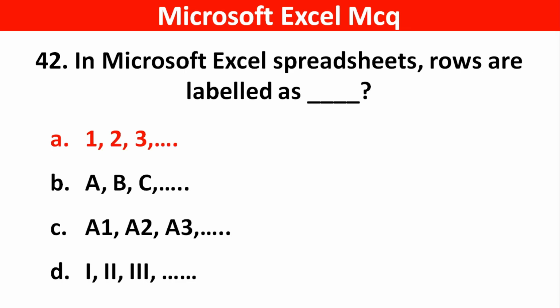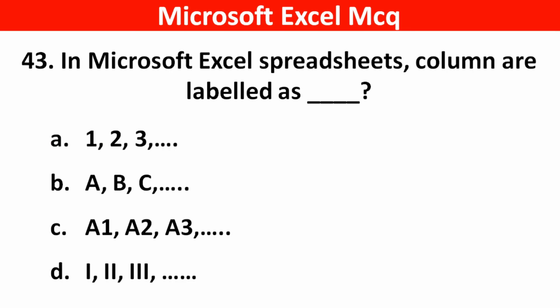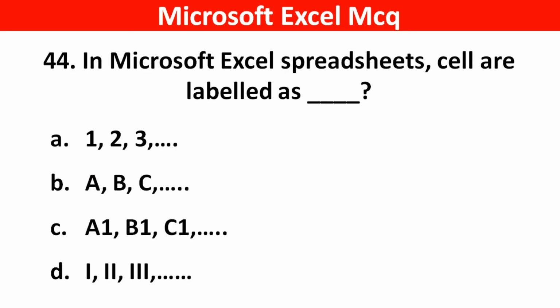Right answer is option A. Next question, in Microsoft Excel, spreadsheet columns are labeled as dash dash. Right answer is option B. Next question, in Microsoft Excel, spreadsheet cells are labeled as dash dash. Right answer is option C.